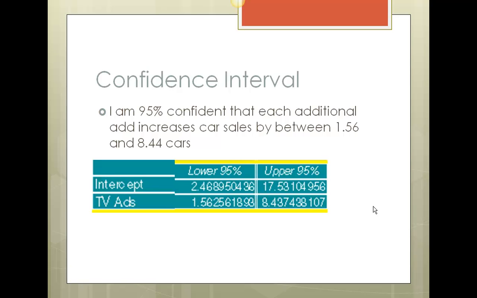Confidence interval. You can look at the upper and lower 95% that's reported in your output. And you are 95% confident that each additional x will increase y by between lower 95 and upper 95.